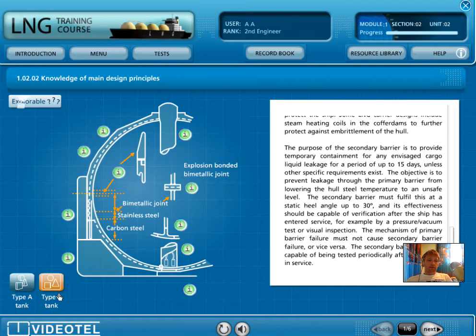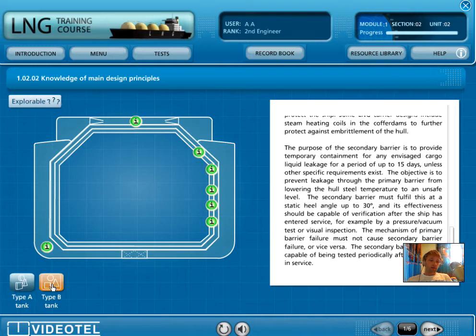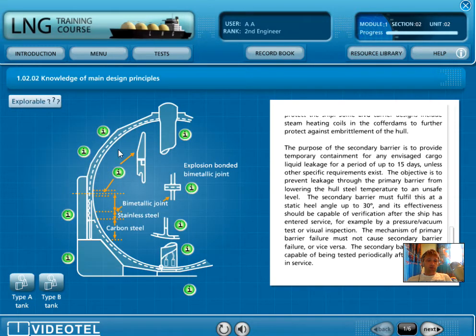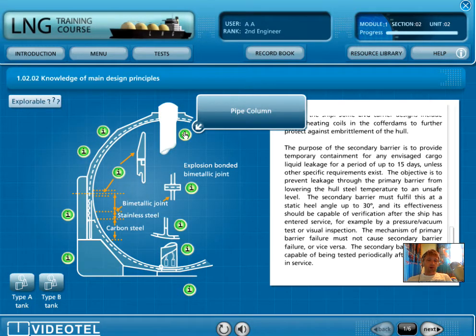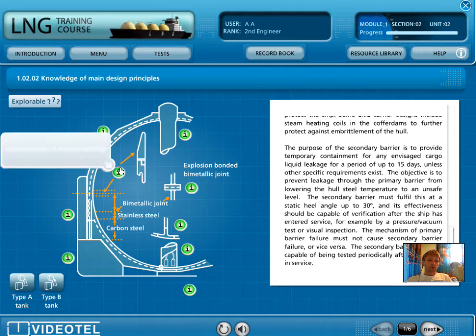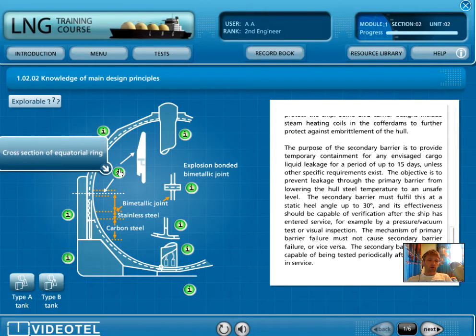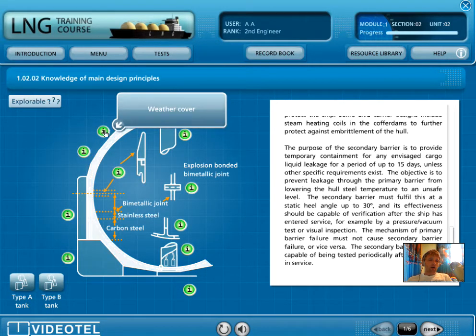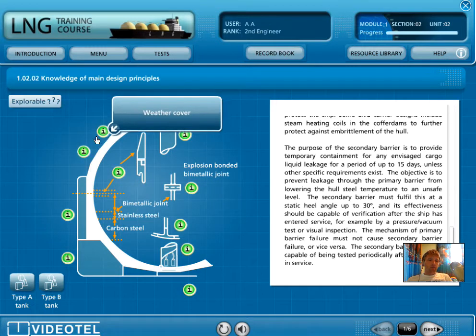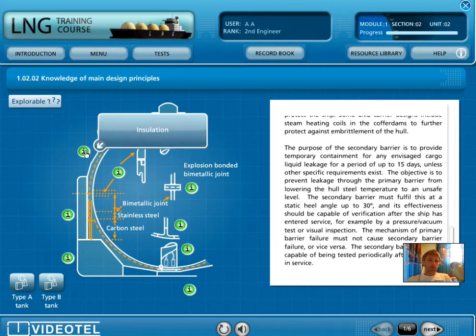And let's see the other tank. We have two types, A type and B type, which is here. So let's see again: pipe column, which inserts inside the tank, cross section of equatorial ring, cross section, weather cover, which is this, insulation.